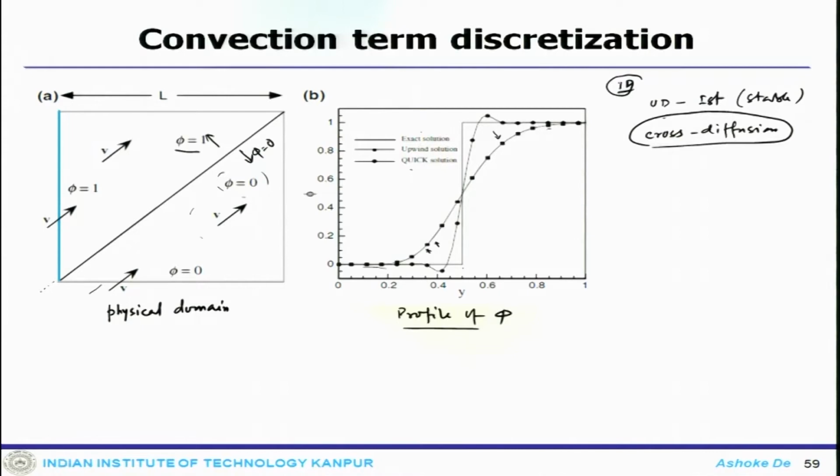Now, this cross diffusion will happen when the velocity field is not aligned with the grid.